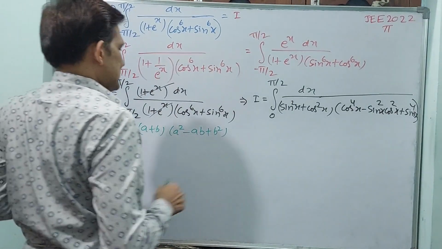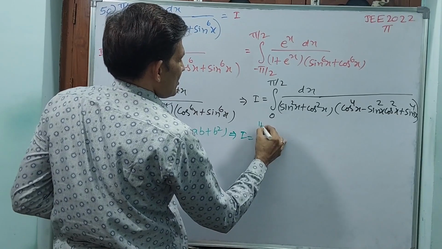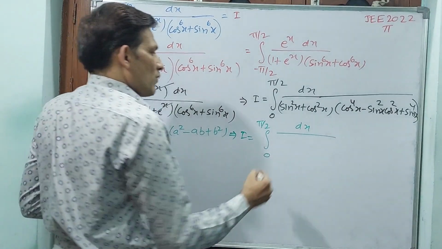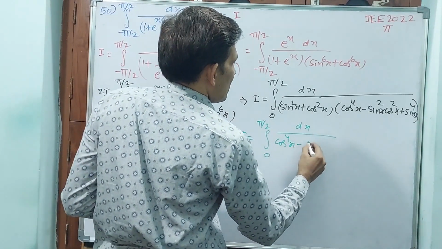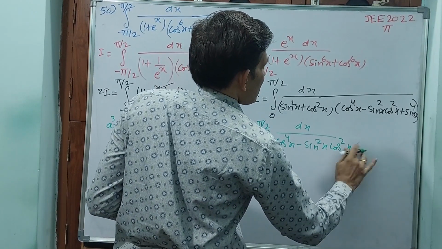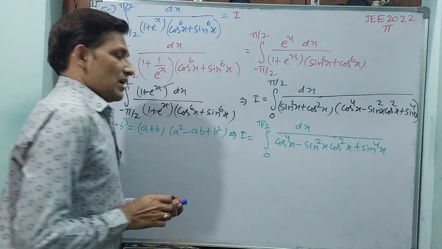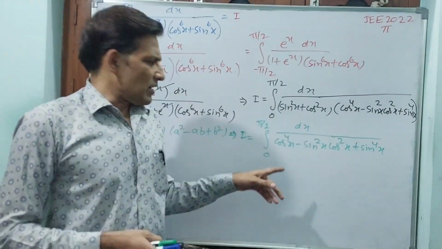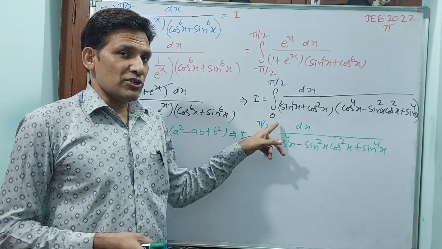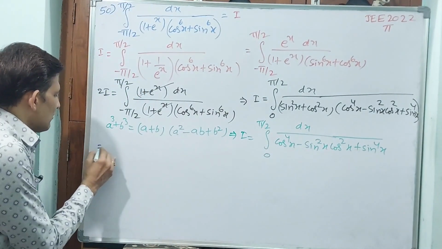Okay, write down that. Implies I is equal to integral 0 to pi by 2 dx by (cos to the power of 4x minus sin square x cos square x plus sin to the power of 4x). Okay. Now see what is the logic. Normally we divide with cos to the power of 4x. Why? Here cos to the power of 4x is going to become secant to the power of 4x. Okay, that is required for us. Why? We are going to solve this.